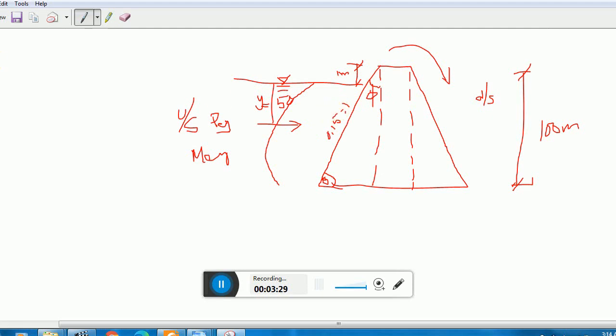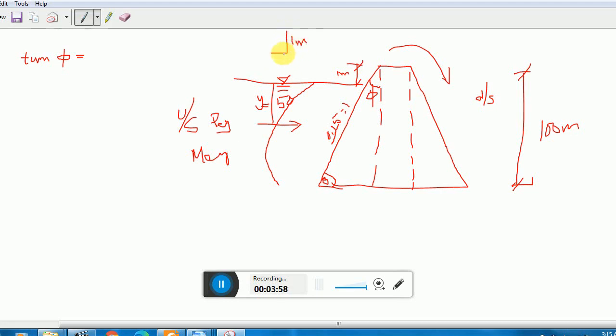Remember, this is tangent phi equals to what? Slope is given. This slope means 0.15 times in 1, this is perpendicular and base. Means for 0.15 meter horizontal distance, you have to rise for a distance of 1 meter.